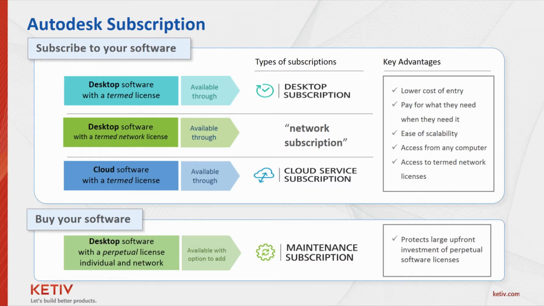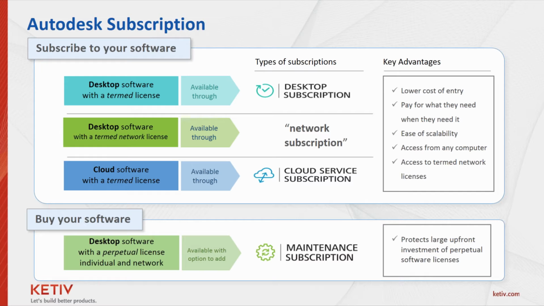And desktop subscription means that you can acquire any license, and you pay for that license based on the term you want to use the license. Okay, so if you have a user and a user wants to use a license for 3 months, 1 year, or 3 years, you basically pay for that period of time, and when you stop paying, that license is no longer available to the user.